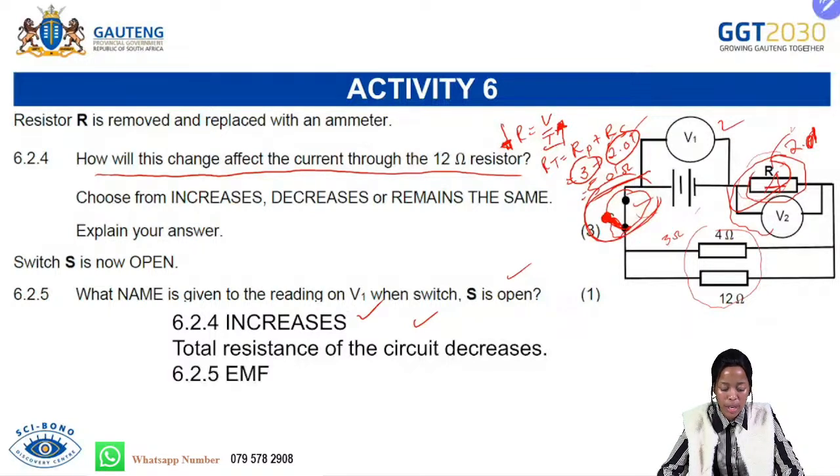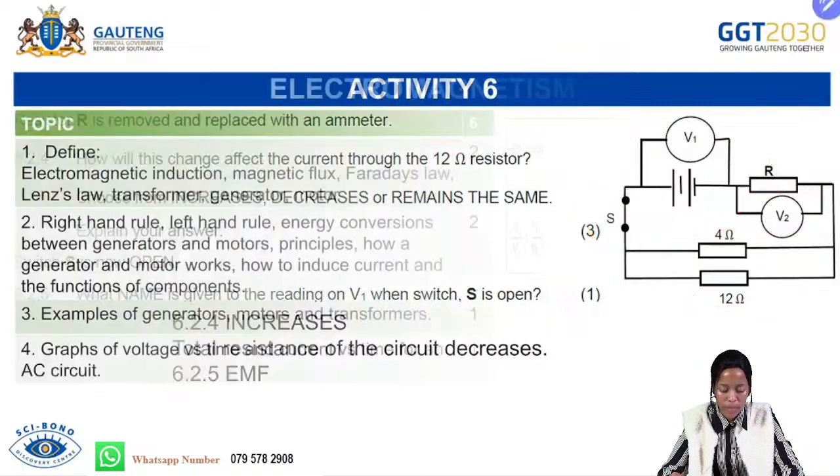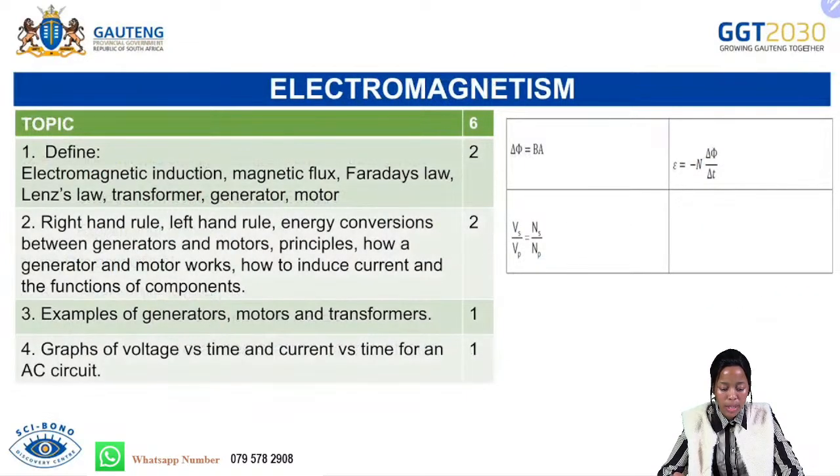Is the EMF. So it means that with this one, you must understand the EMF as well as the definition. If you were not able to understand the definition, you will not be able to answer this question here.